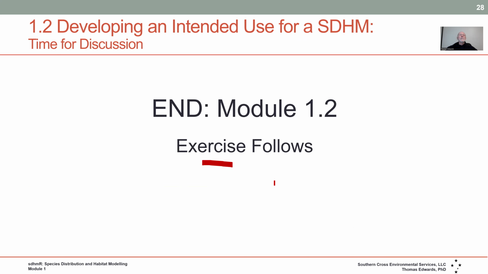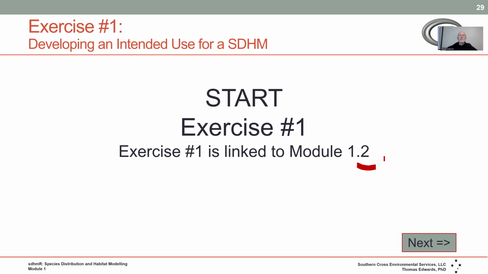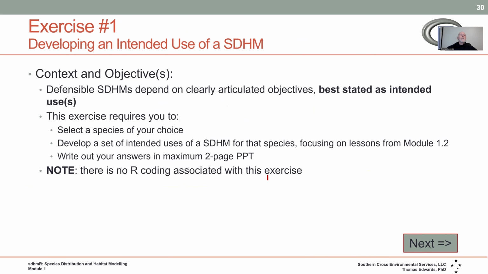And here indeed is your first exercise, which of course is linked back to this Module 1.2. Now, the context of this exercise is that defensible distribution habitat models depend on clearly articulated objectives. I argue or call this intended uses.